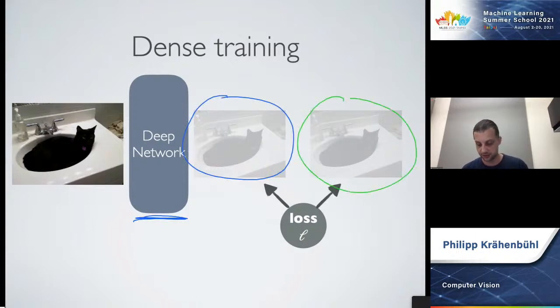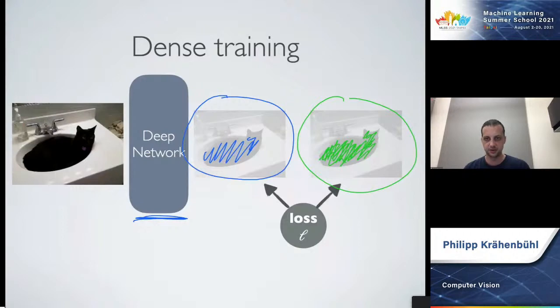If you want to segment this cat, the data set would now have a segmentation map in there, and the output would also be a segmentation. The one thing we don't switch out is the loss function. We can use exactly the same loss functions for image level tasks and dense tasks.